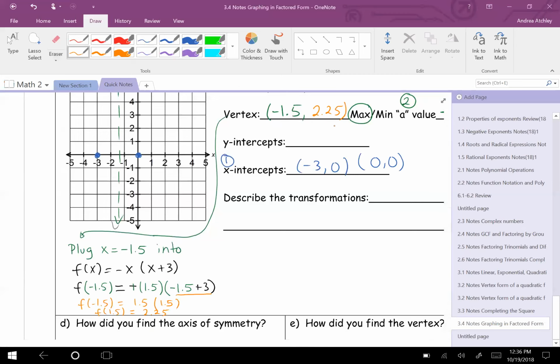Okay, so we're going to try and graph that. I'm going to go where x is negative 1.5 and y is 2.25, which is right here. About, and I'm going to draw my graph.